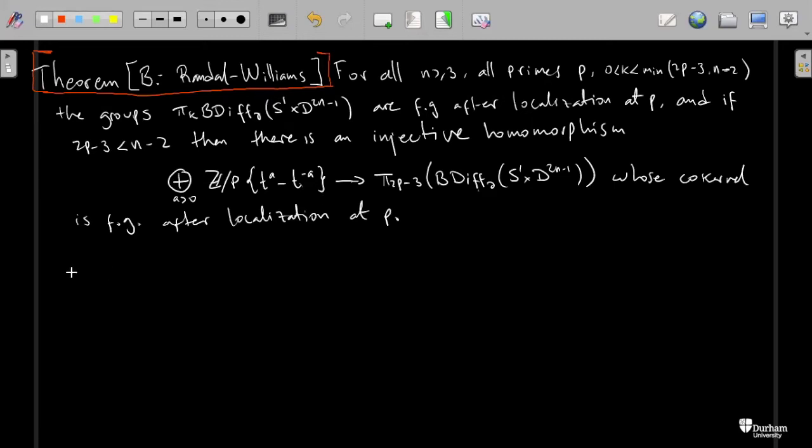So maybe let me remark that I was pointing out before that from this method that I just mentioned, you could get results for degrees up to d/3, so the dimension over 3. If you see, this one is going a little bit further.